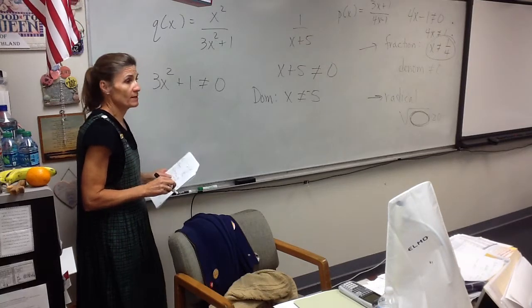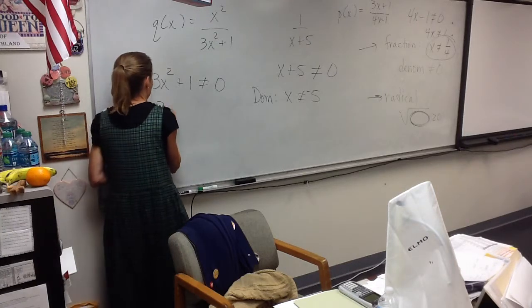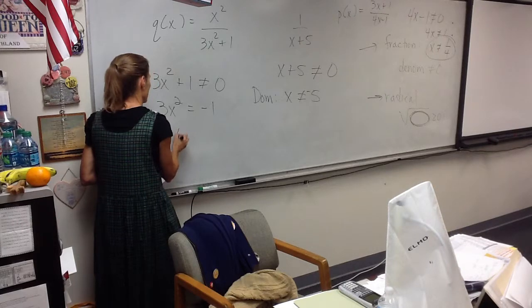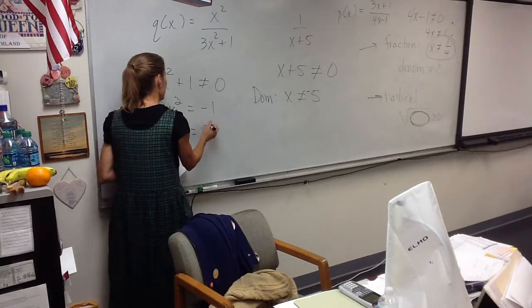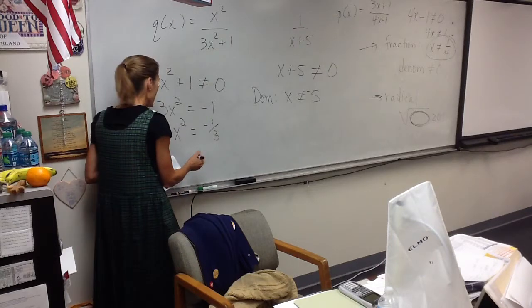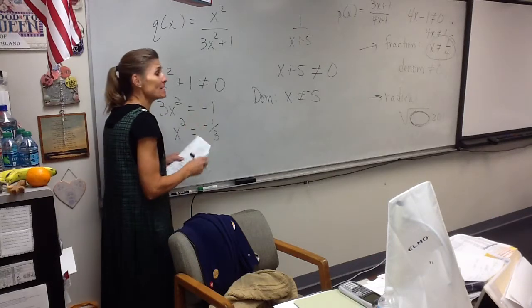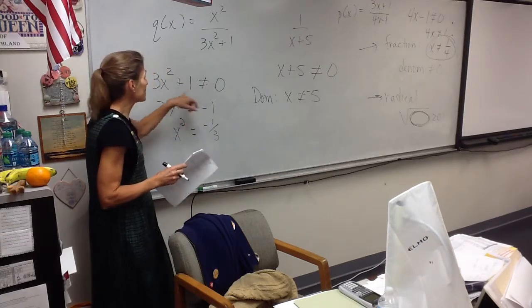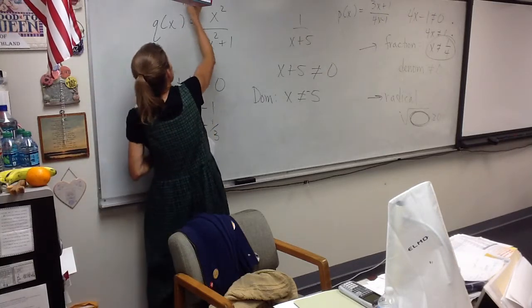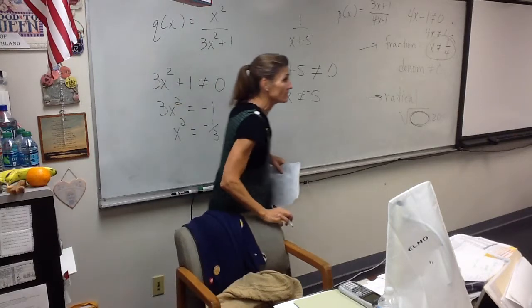So now I'm going to solve this. Uh-oh. Does this bother anybody? Yes. What's bothering you? It's going to have an i. That means, can this ever equal 0 in real number land? No. So what's my domain? No issues. It's all real numbers.